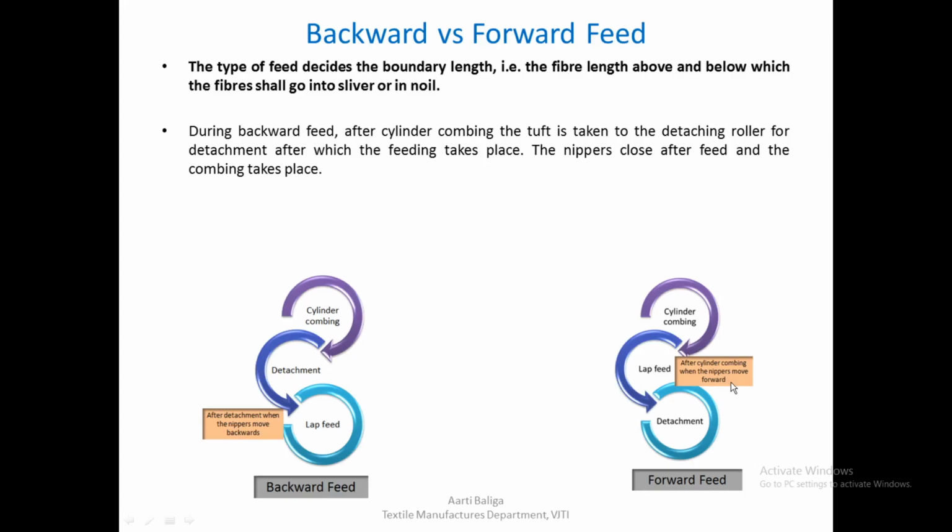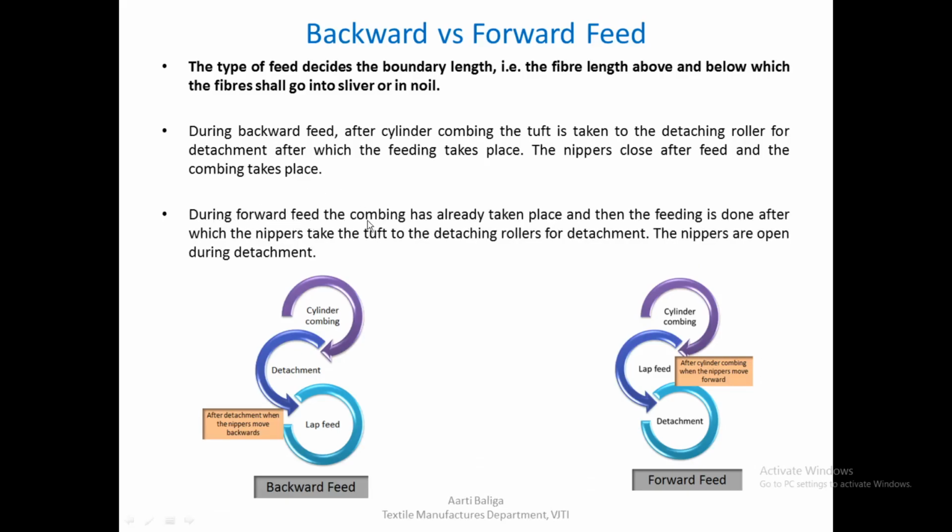Once the lap is fed, the nippers move forward and pass on the tuft to the detaching rollers, which is known as detachment. After detachment, again the same cycle begins, wherein cylinder combing happens and this continues. If you compare the two sequences, they are slightly different in nature, and we shall see in depth in the coming slides how these two affect the noil percentage.